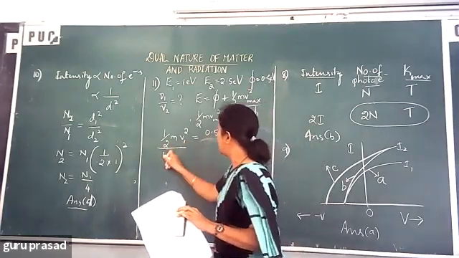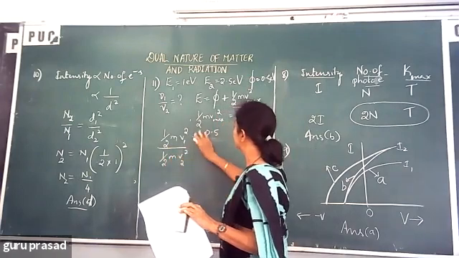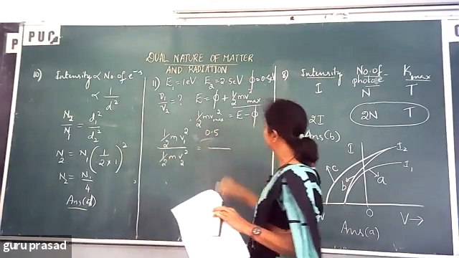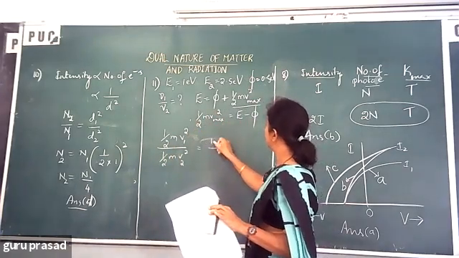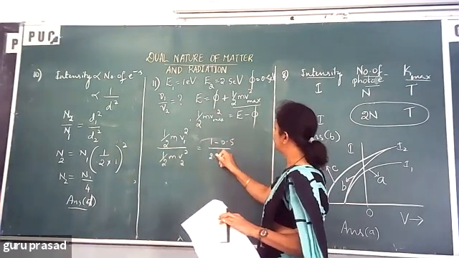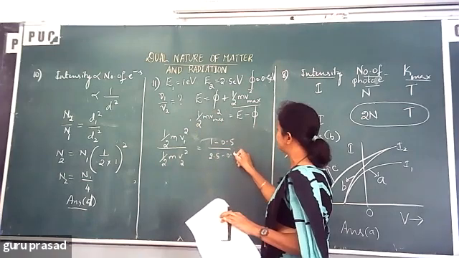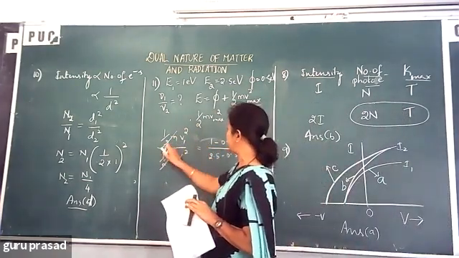For the second case, half m v2 square is equal to 2.5 minus 0.5. Now the half m cancels.